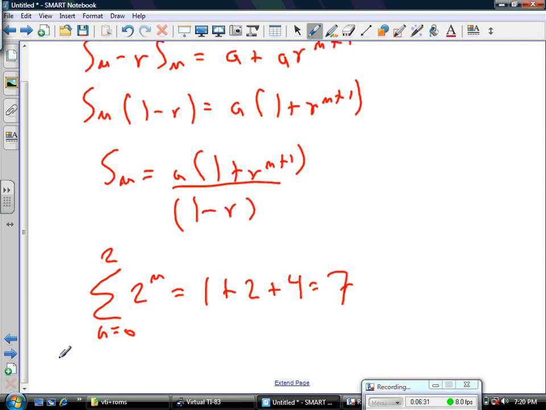So if I apply this rule to this problem, A is 1 times 1 plus 2 to the n plus 1 over 1 minus, who's R? 2. Now what's n plus 1? I stopped at 2. So what's n plus 1? It's 3. In other words, this number up here, again, is the number of terms I'm adding up, 3 terms. Is this, in fact, 7?